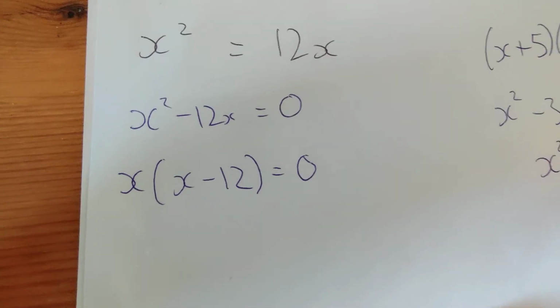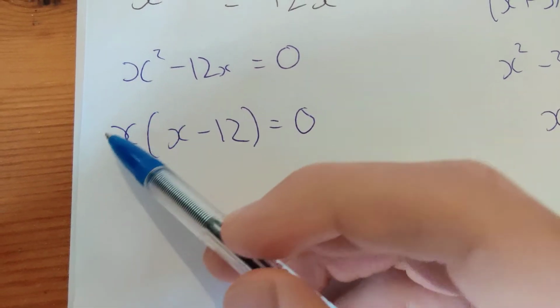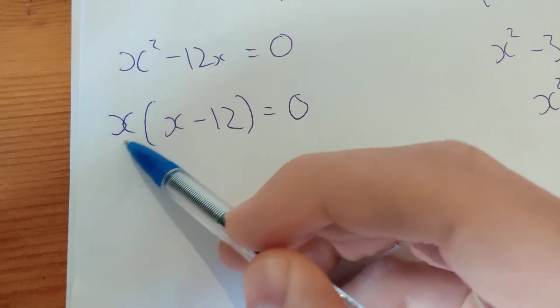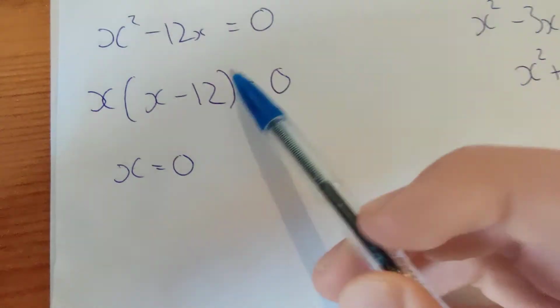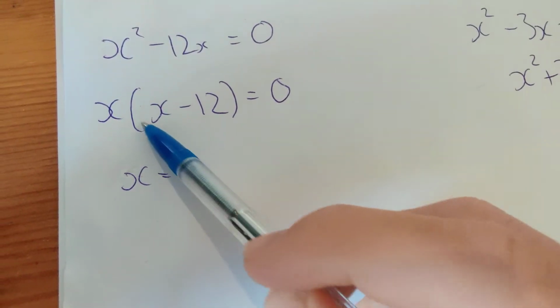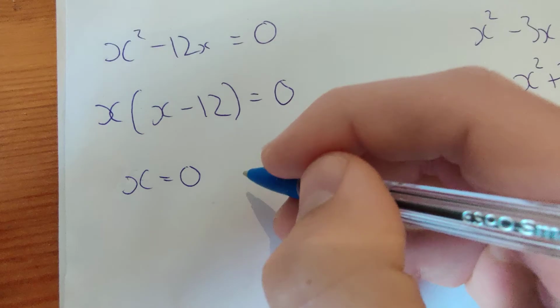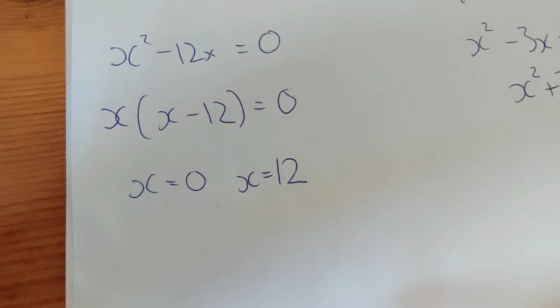So I've now factorized it, and then I need to do the same thing as before. Either this has to be 0, well if that's 0 then that just means x is 0, or this bracket has to be 0. For this bracket to be 0, x would have to equal 12. And that's my two solutions.